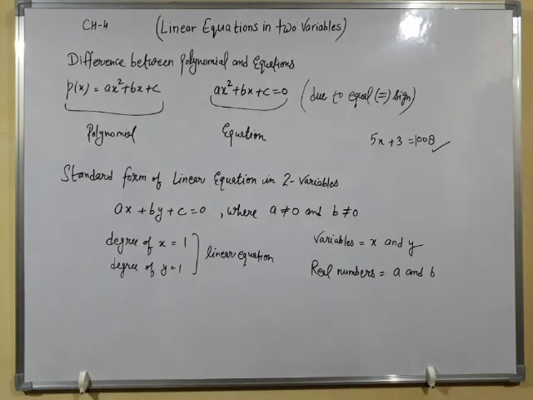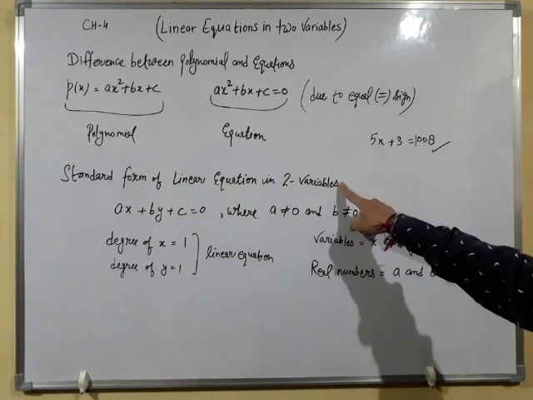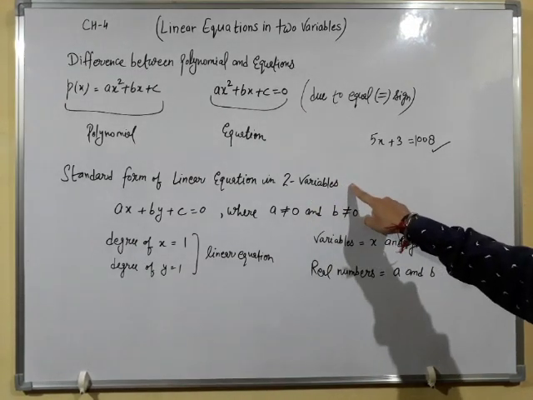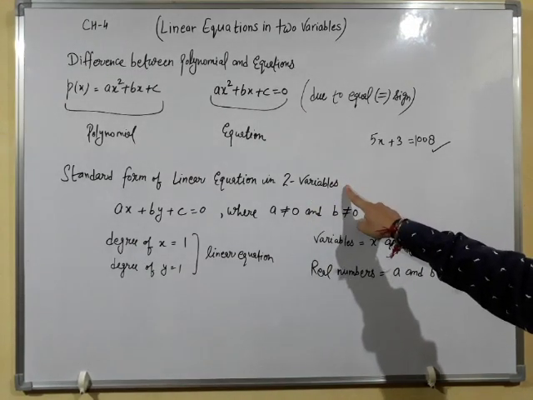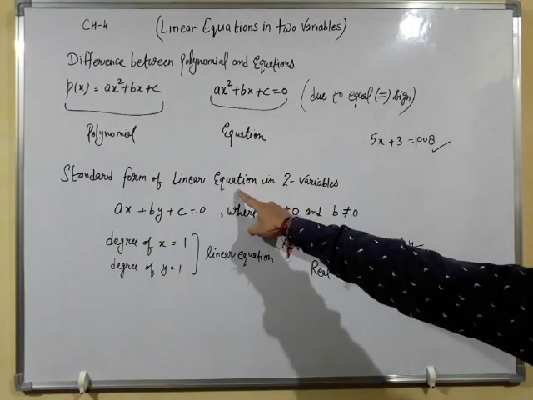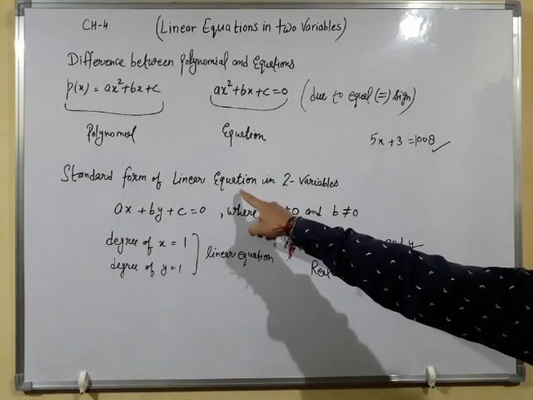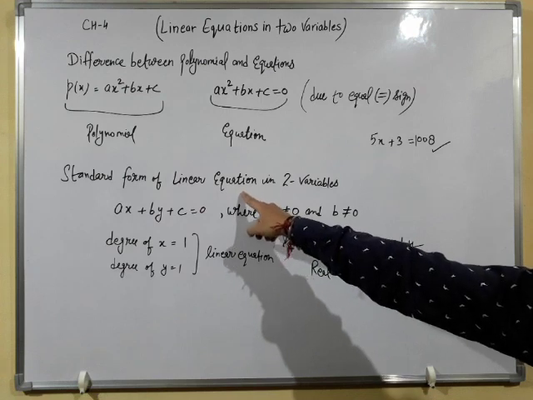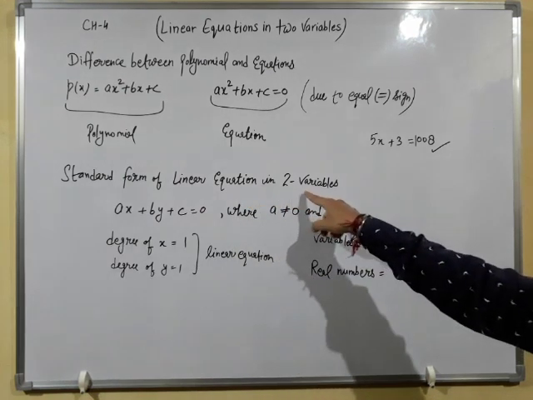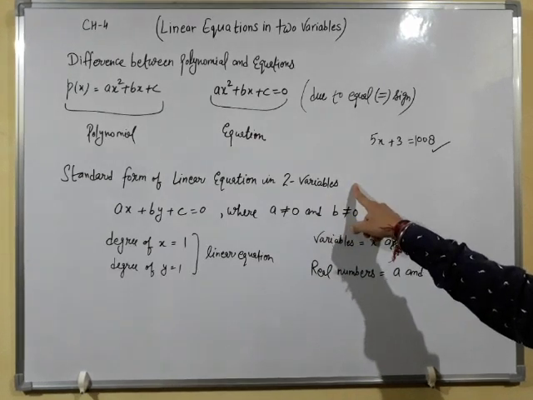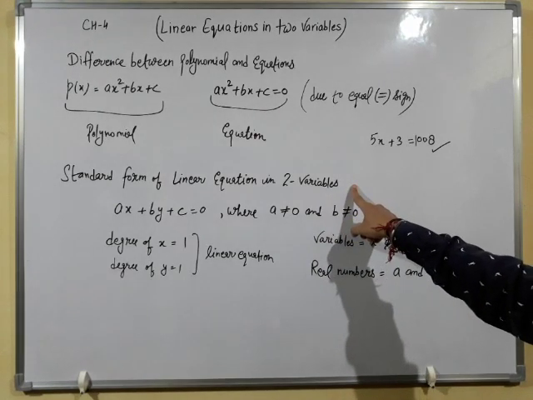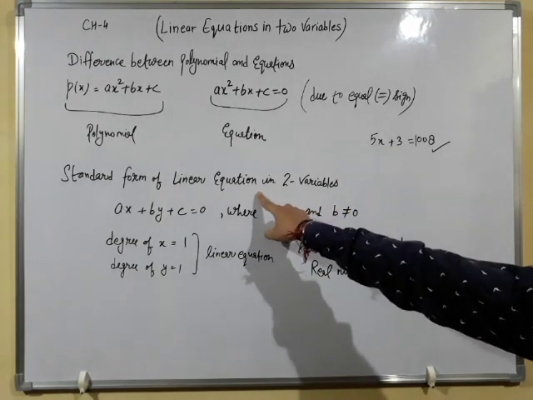So our basic definitions have been completed here. So we will move on to our main topic, standard form of linear equation in two variables. By linear equation, we understand that the degree of the variables will be equal to 1, and two variables means we will have two variables in this type of equation.